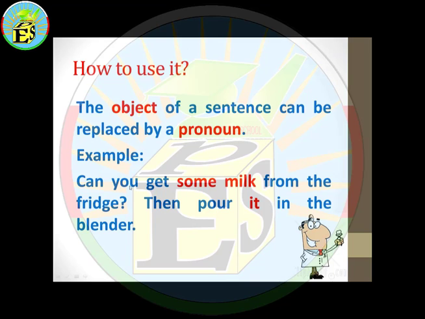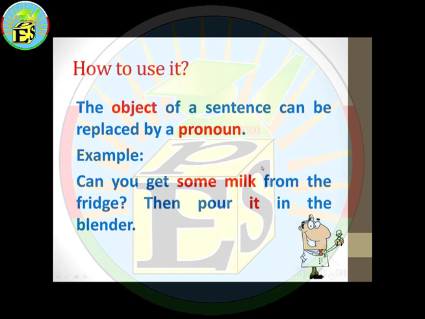So an example here: Can you get me some milk from the fridge? Then pour it in the blender. Instead of writing some milk again, we replace these words with it, the pronoun it, because milk is a thing. For things we use the pronoun it, and for animals as well.